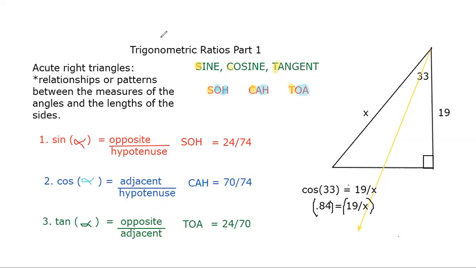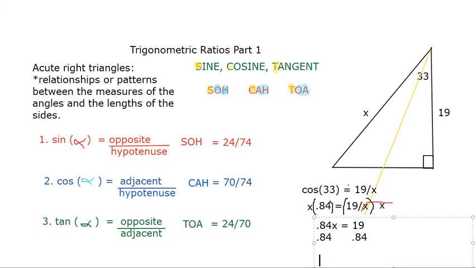So we're going to multiply both sides by x. When we do that, the x's on the right are going to cancel out. And we have 0.84x equals 19.